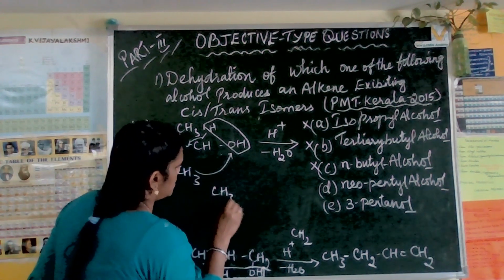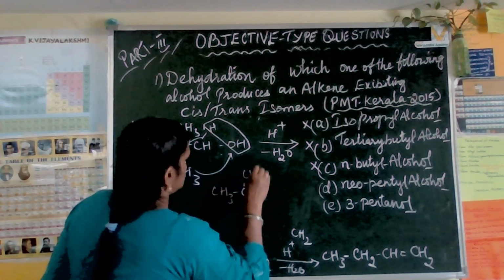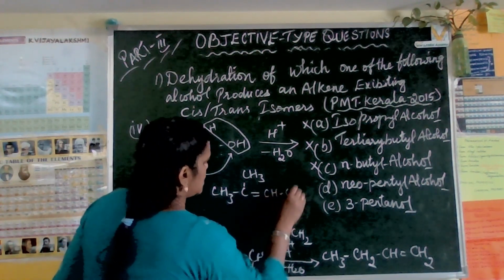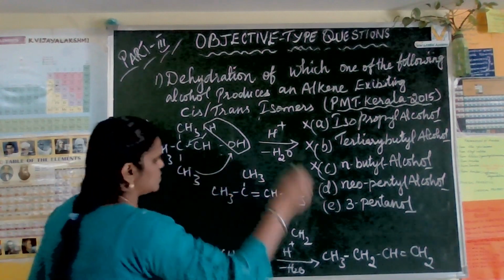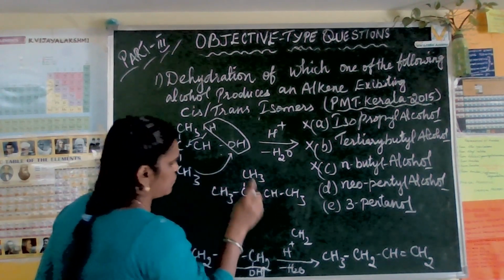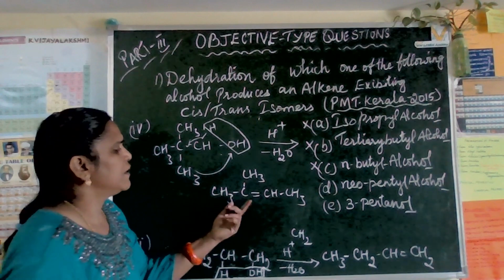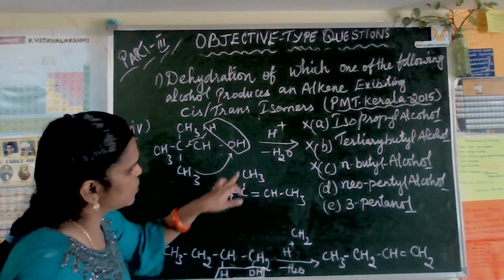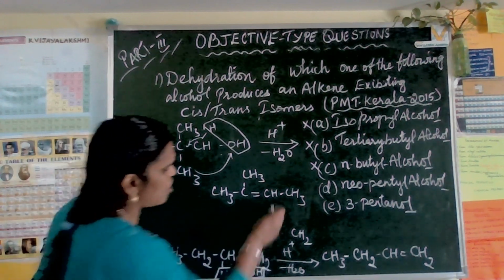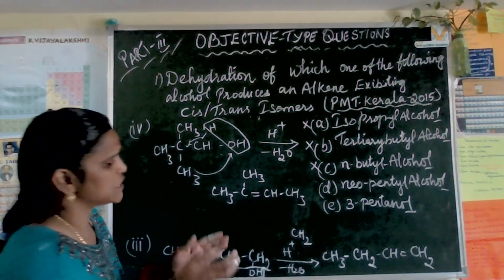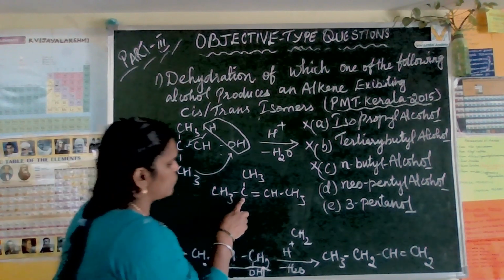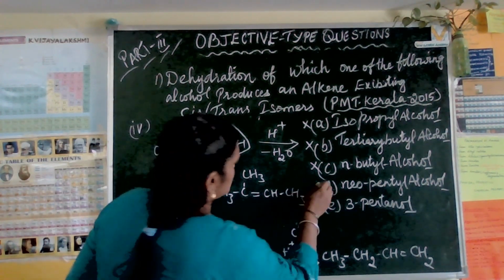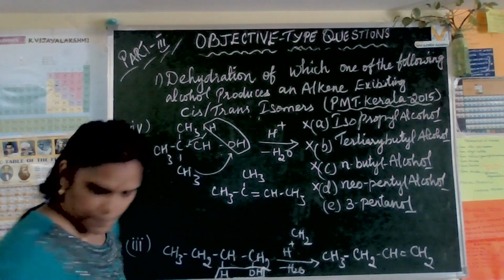That means CH3, C with CH3, double bond CH3, where this carbon has 4 bonds. This is an alkene, but it also does not have different groups. So this is also not a proper option.